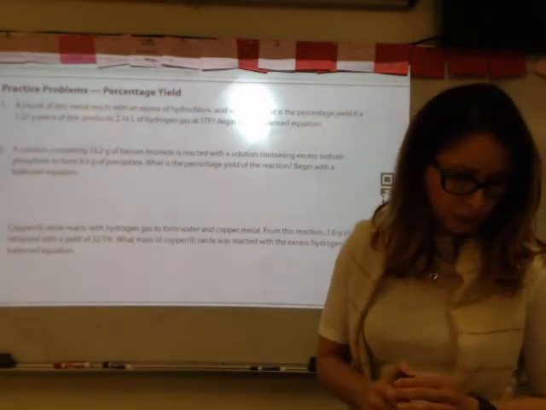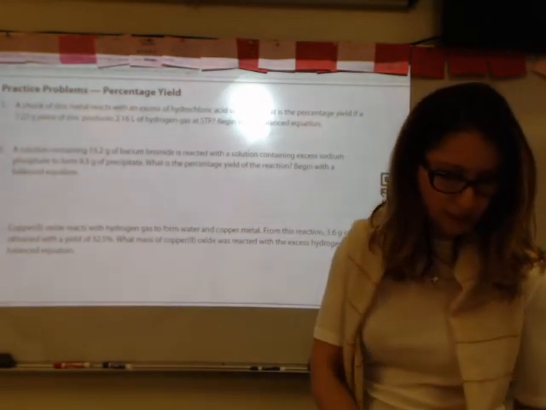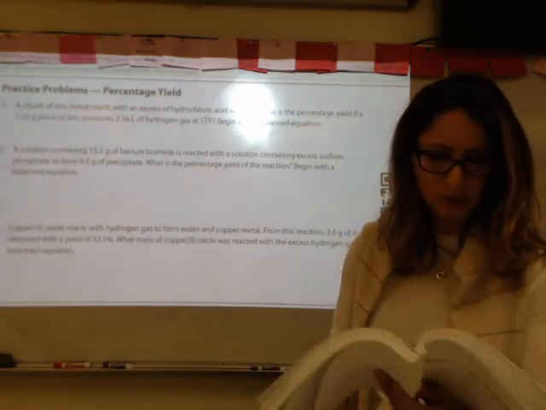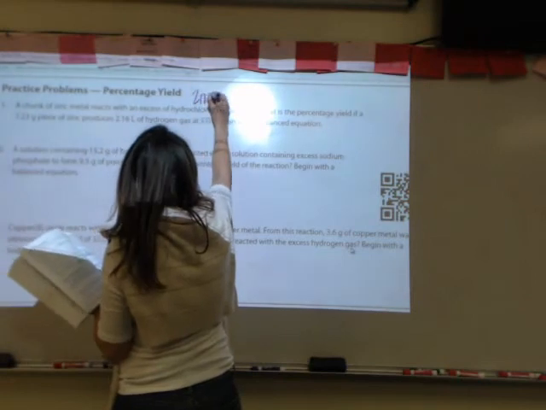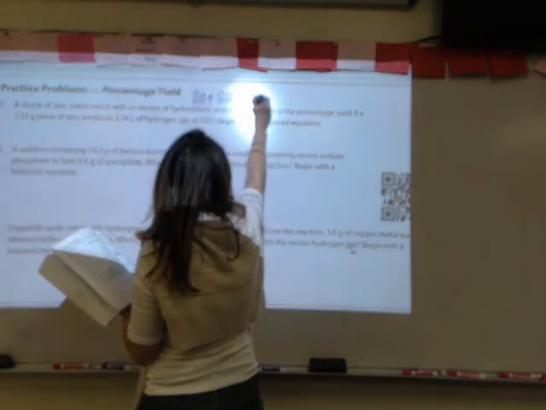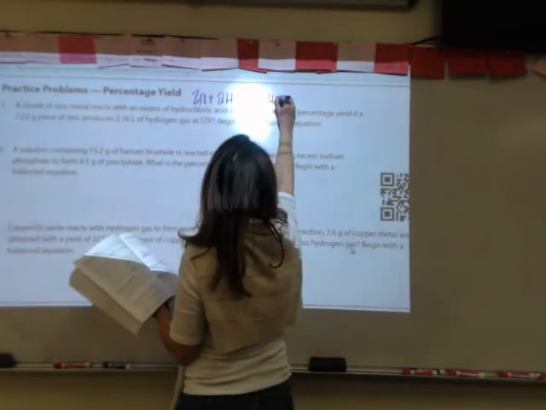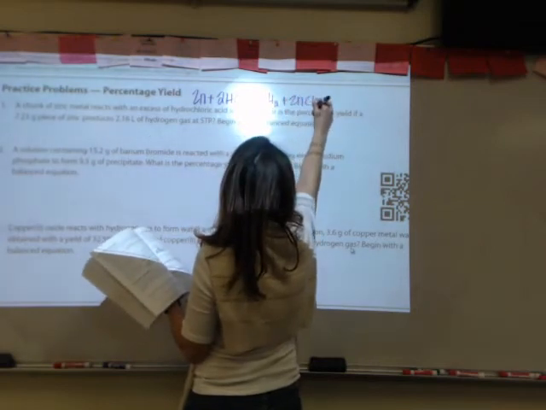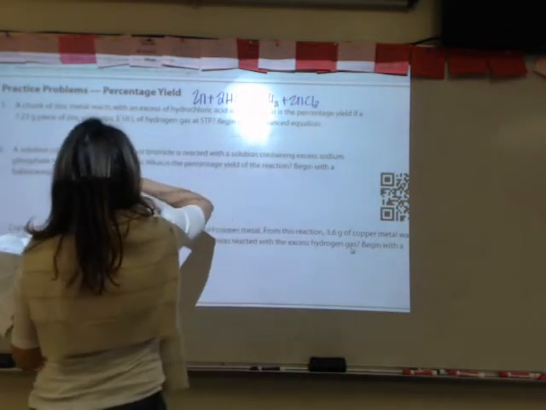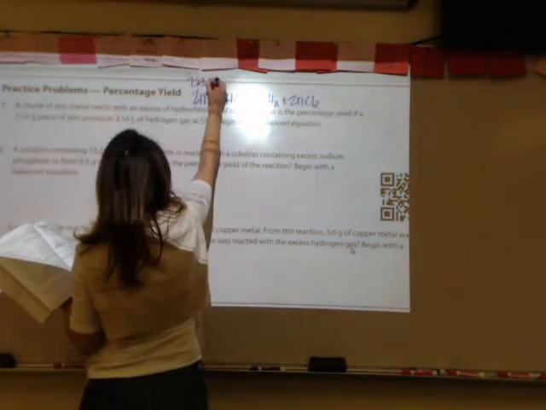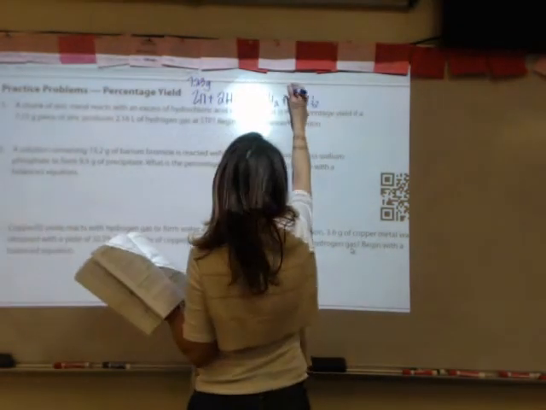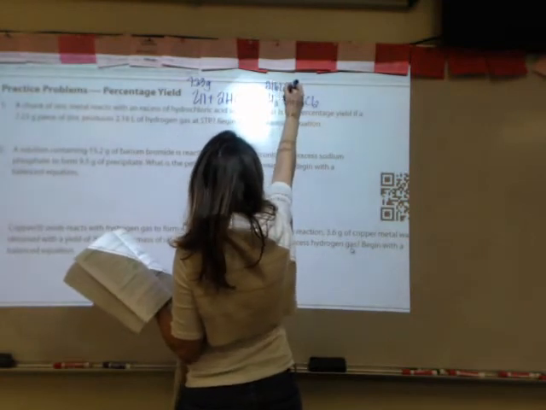We have zinc metal reacting with an excess of hydrochloric acid solution. So this is going to be Zn plus 2HCl to produce H2 plus ZnCl2. We've got a 7.23 gram piece of zinc producing 2.16 liters of hydrogen.